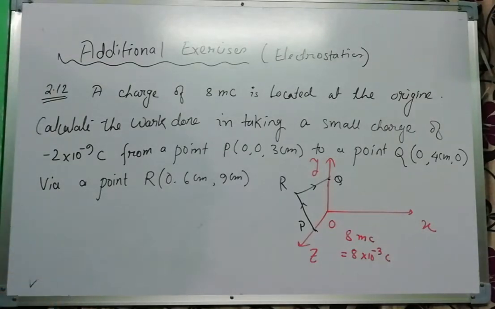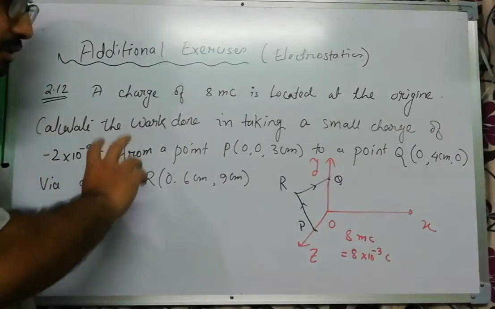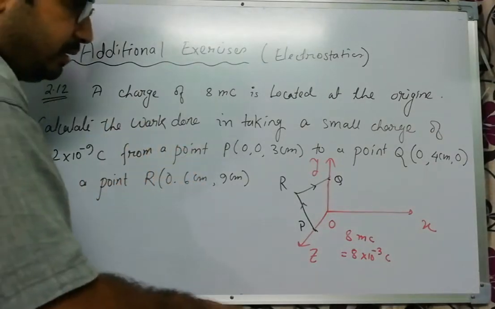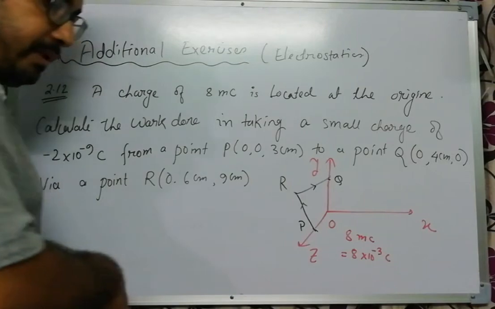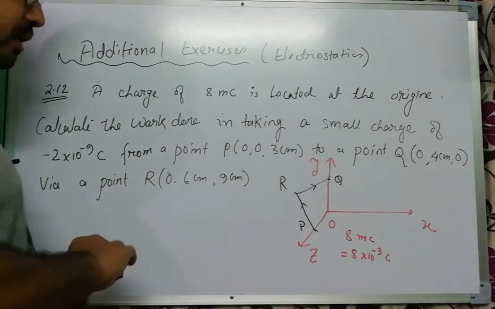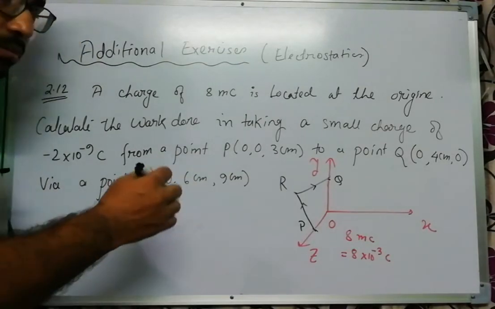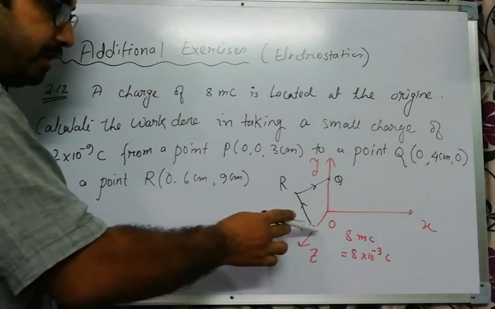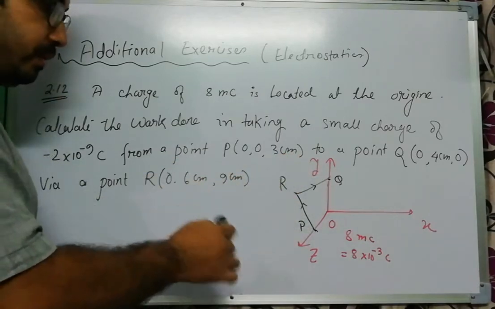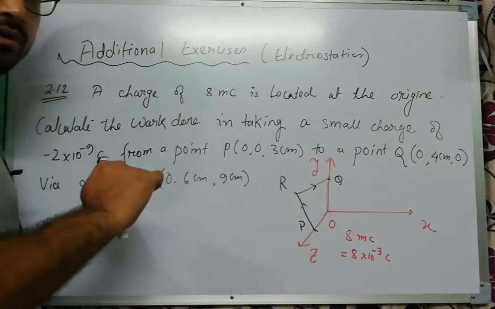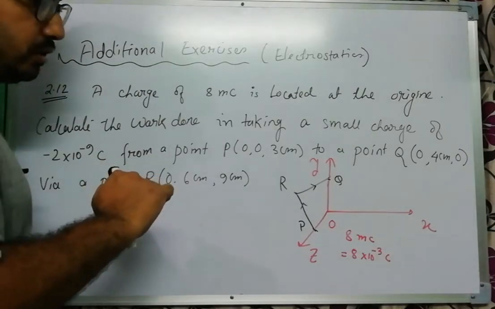So this is what the question is all about. It tells us that this is a coordinate system x, y and z, and we have to bring a charge from a point P to Q via R, and this is the origin of the coordinate system.